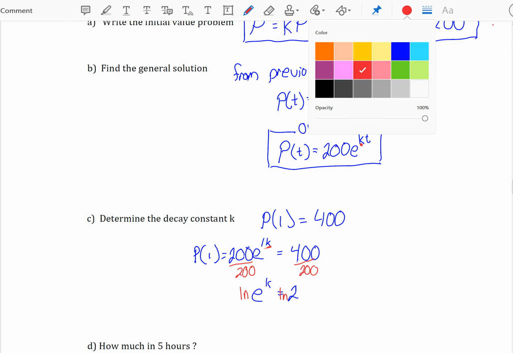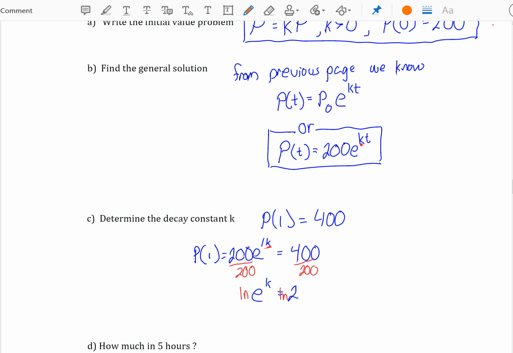And I choose to apply the natural log with the expectation that e and natural log are inverse functions, so they will cancel, leaving k is equal to the natural log of 2 is the value of our constant.